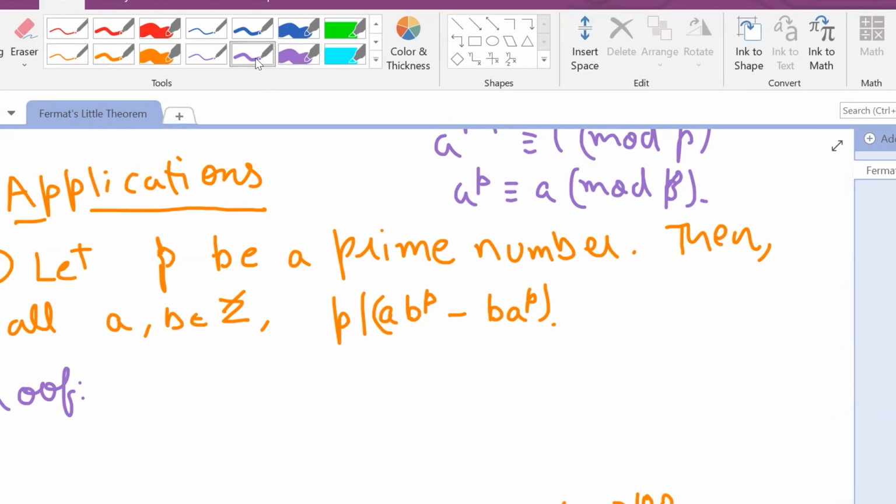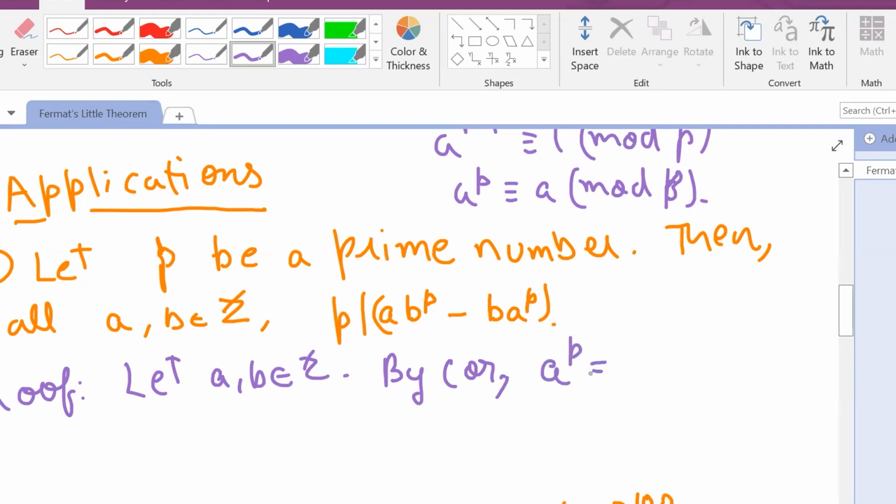Let A and B be in Z. Now, by our corollary, we just have that A to the P is congruent to A mod P. Similarly, B to the P is congruent to B mod P.